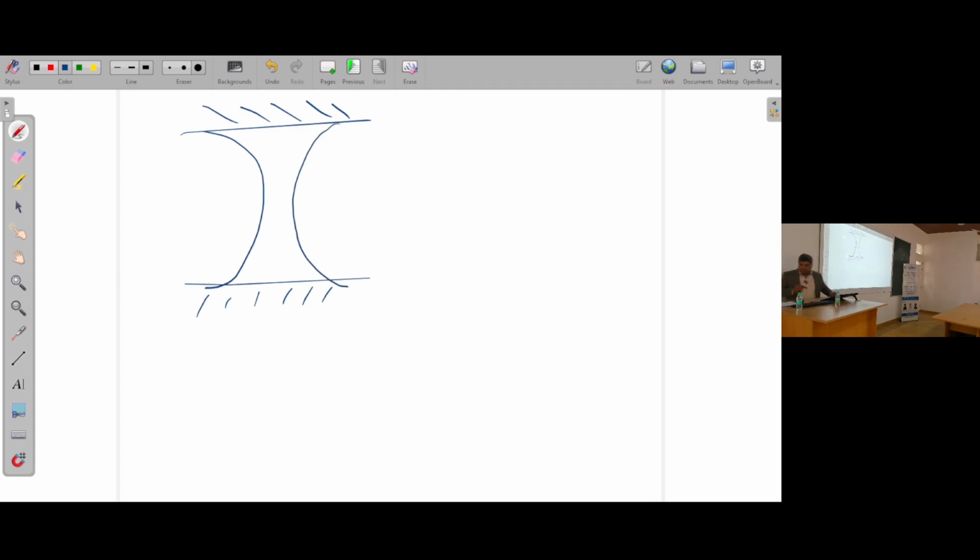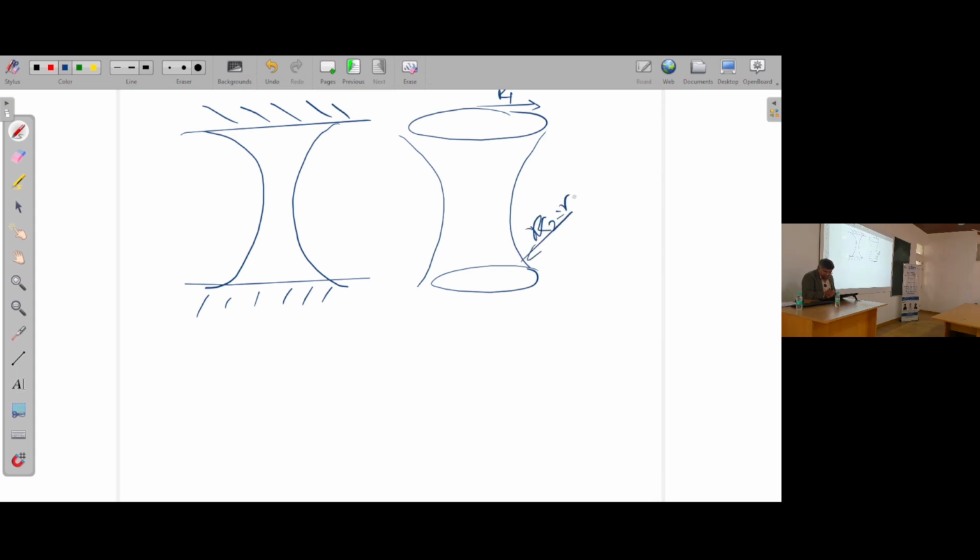Obviously from the top view you can see that it's actually a circle here. You've got a filament which looks like this. So you can see that you have one radius R1 here, and another radius R2 or R here. That is forming the curvature of the filament.